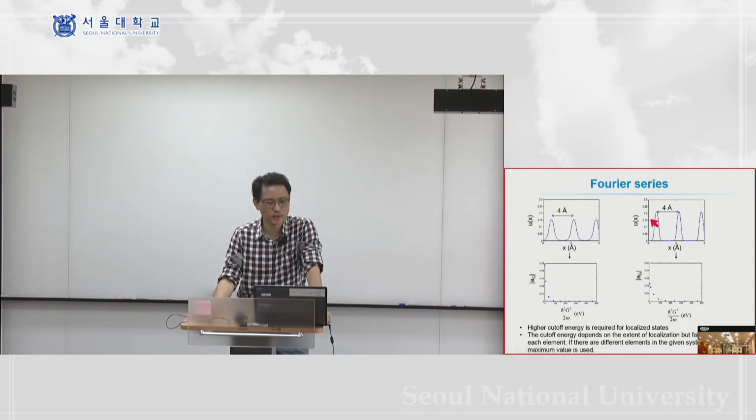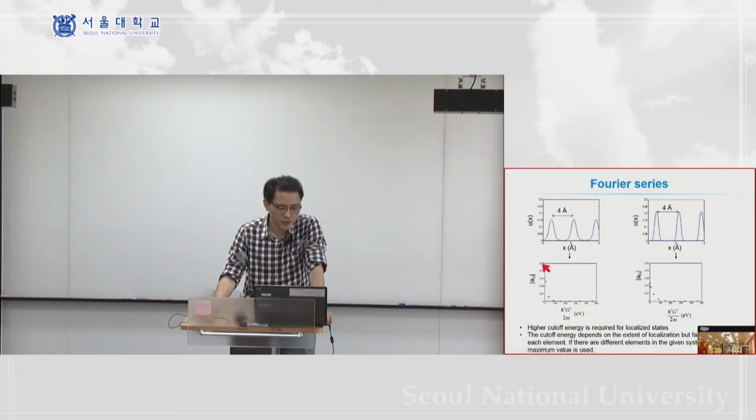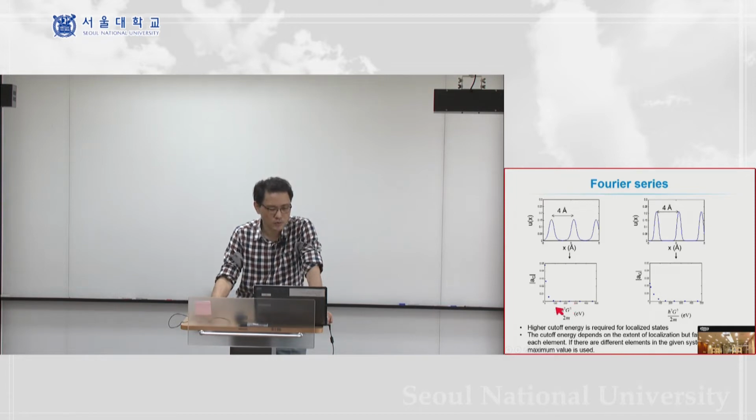If you expand this function with the Fourier series shown in the previous slide, this is the magnitude of the coefficient A_G, for the n equals 0 term, n equals 1, 2, 3, and so on. You can see that as G goes up, the magnitude of A_G decays very rapidly.